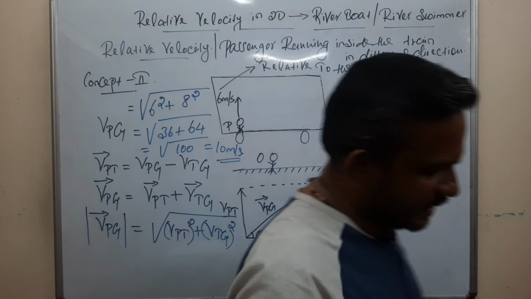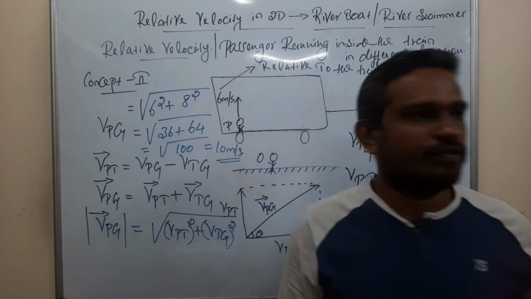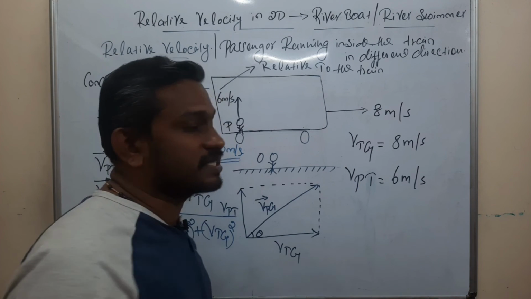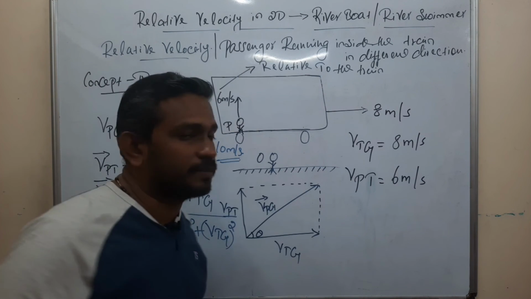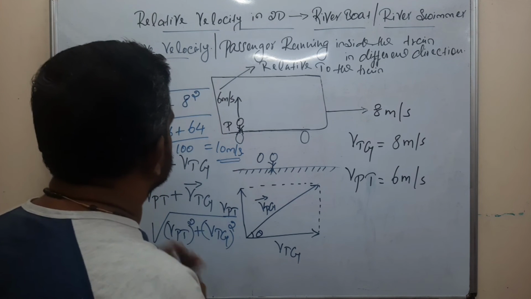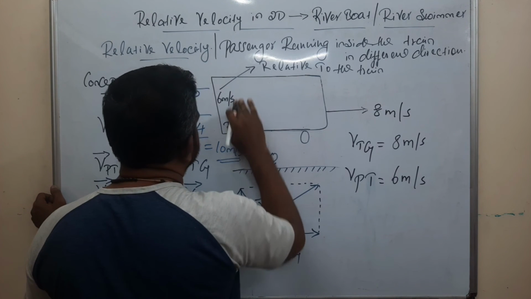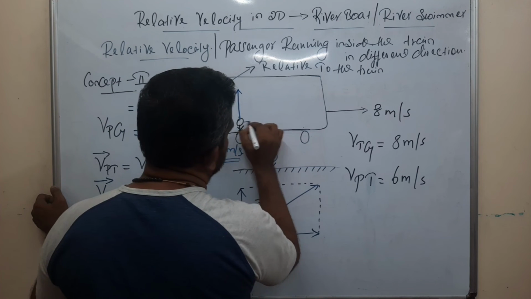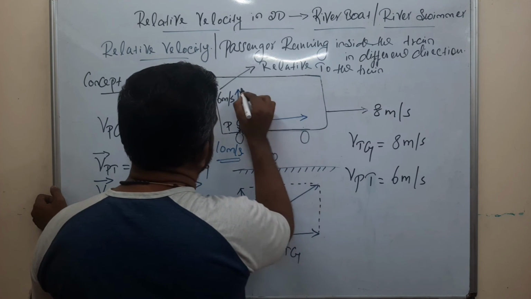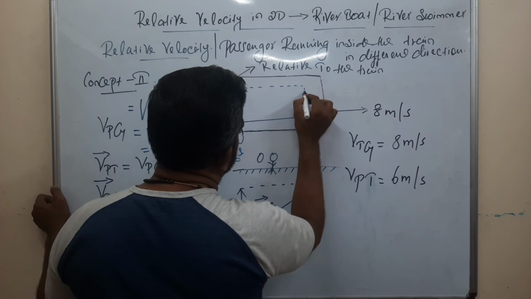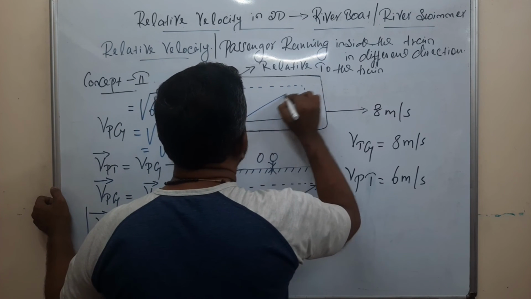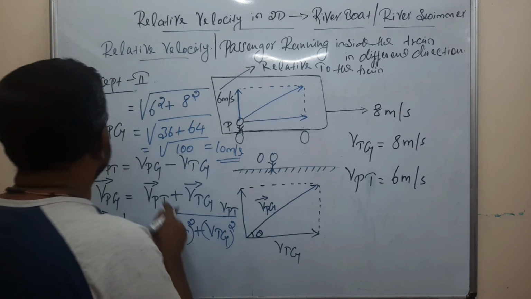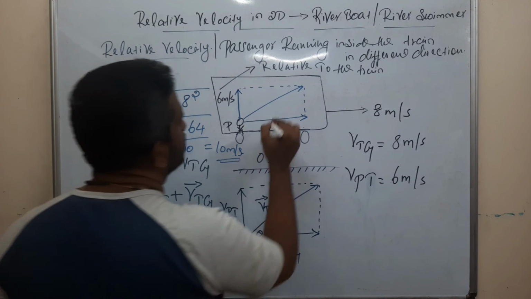So what is the feeling? The train is moving with 8 meter per second, and the passenger inside the train is moving in this direction at 6 meter per second. The passenger is moving in this direction with a speed of 10 meter per second.